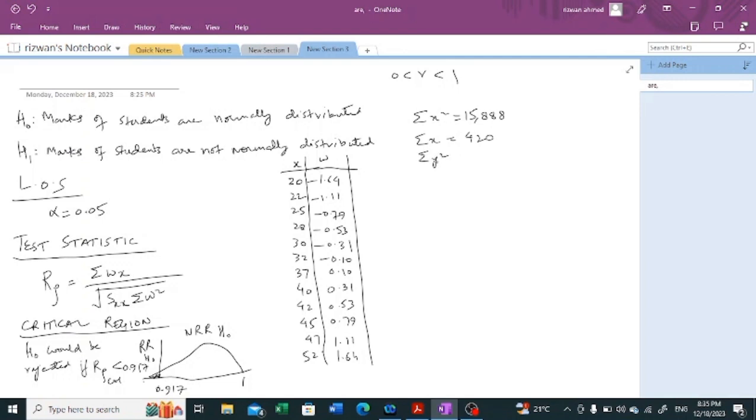Summation y squared, which is summation w squared in our case, is 9.8656.